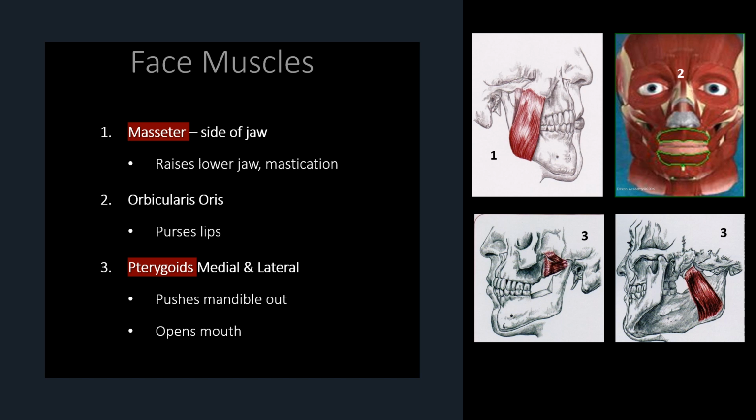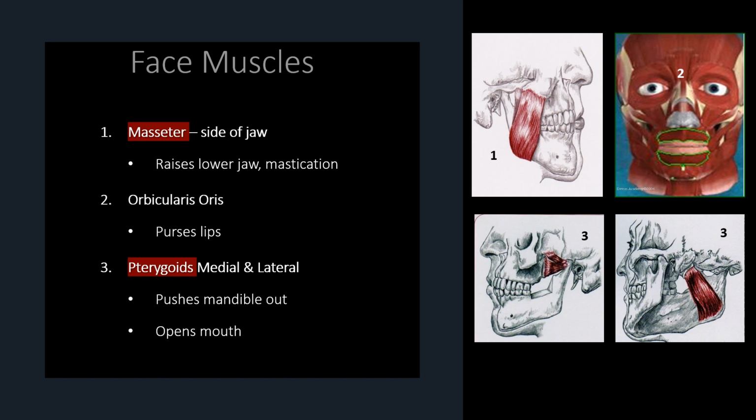So orbicularis oris is your muscle around the mouth, and it purses the lips. So if you're going to kiss somebody, then you would be pursing your lips and puckering your orbicularis oris. So I suggest you go off and find somebody you know really well and pucker your orbicularis oris.